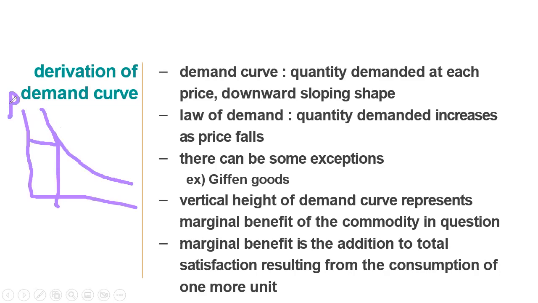We have price on the vertical axis and quantity on the x-axis. As price falls, quantity increases. The law of demand states that quantity demanded increases as price falls.